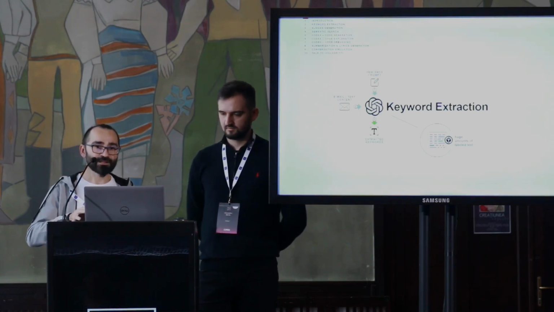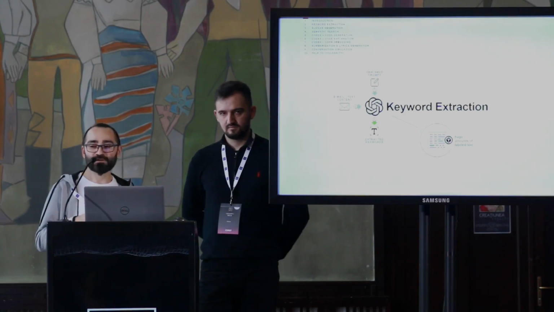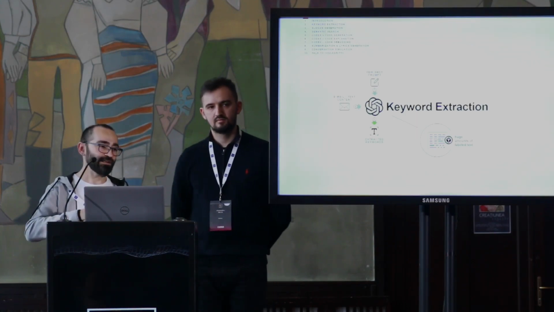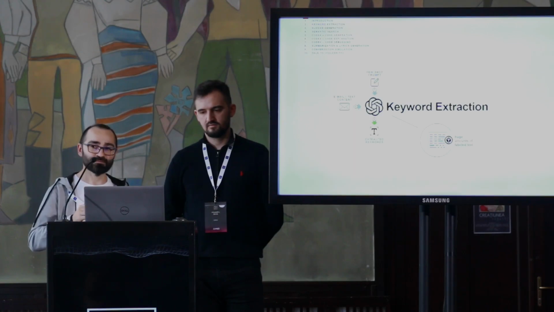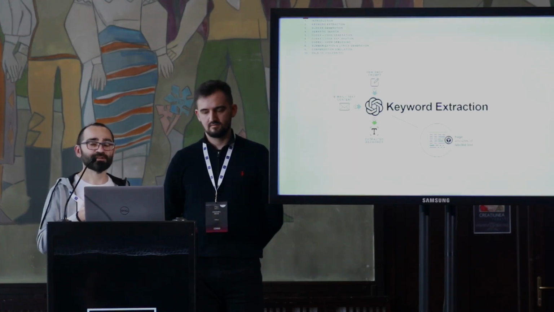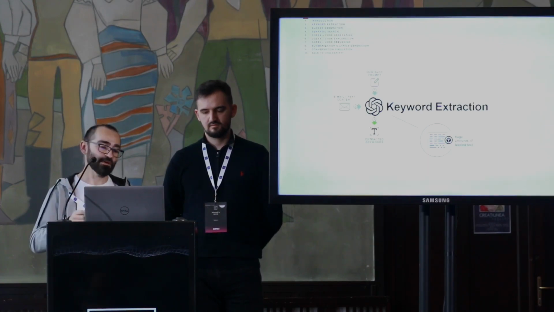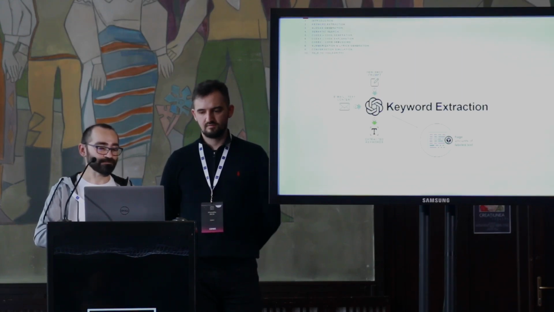You can also tailor your prompt. For example, if you see that it extracts too many keywords, you can give it a pattern, a few short examples, showing that you only need, let's say, 2 or 3 keywords out of an email and no more, and it will act according to your prompt.